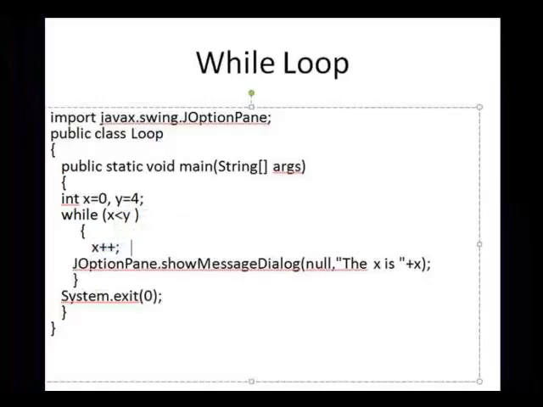The x++ is similar to x = x + 1. I can use x = x + 1 in Java or C++, or replace it with x++. It has the same meaning.